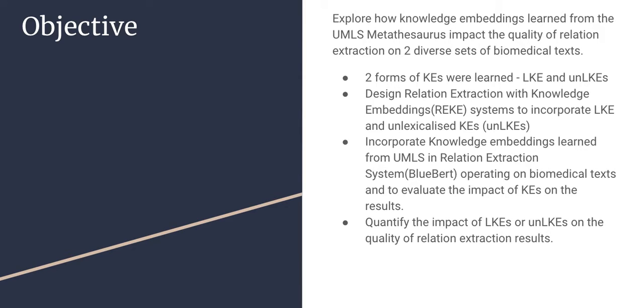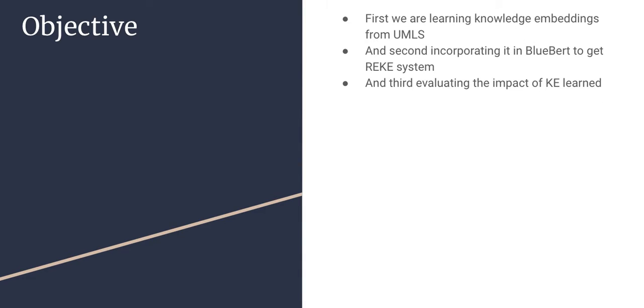In this paper, the authors learn two forms of knowledge embeddings, which are lexicalized knowledge embeddings and unlexicalized knowledge embeddings, which we will call UNLKE. First, we learn the knowledge embeddings from the UMLS.